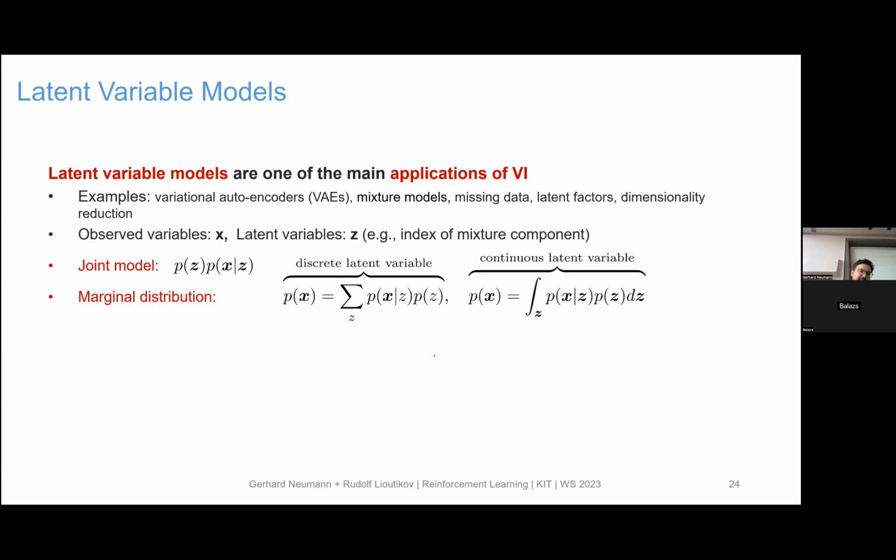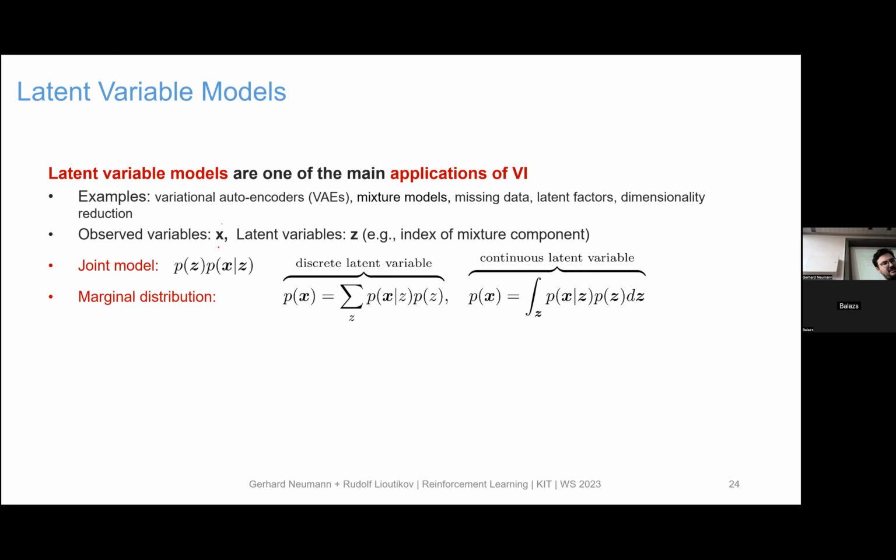And as we already said, what is a latent variable model? It's a model where we have two sets of variables, observed ones and unobserved ones. X observed, Z unobserved. We still have a distribution over both: a p of Z and a p of X given Z. And this distribution we want to know given data.